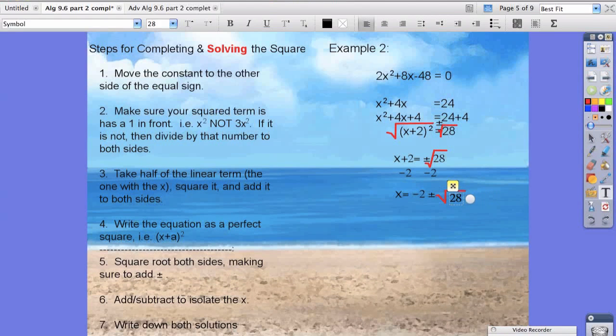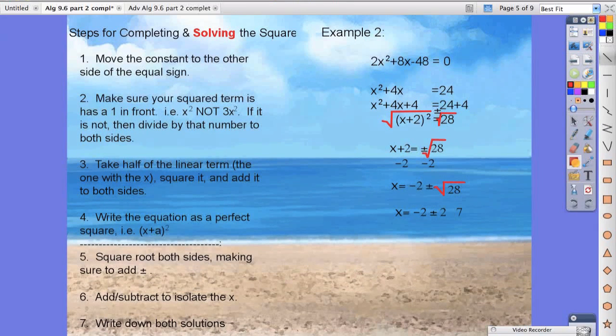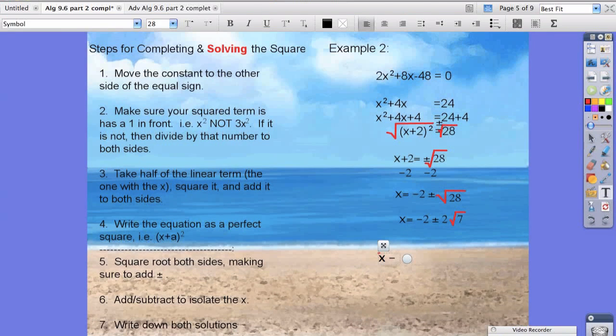And the square root of 28 just so happens to be 2 square root of 7. And step 7 says write down both solutions. So we have x equals negative 2 plus 2 square root of 7.